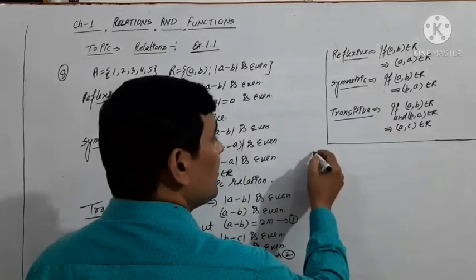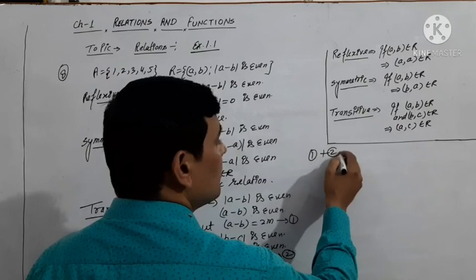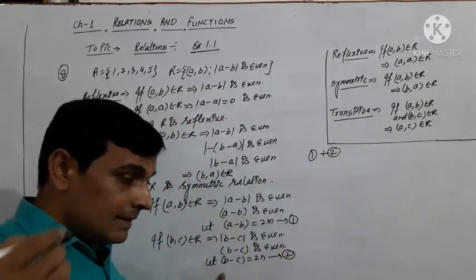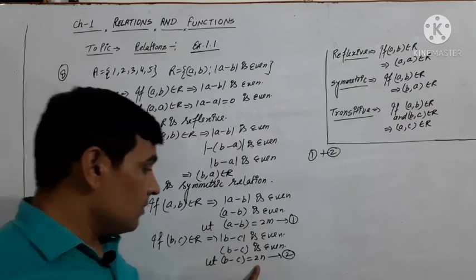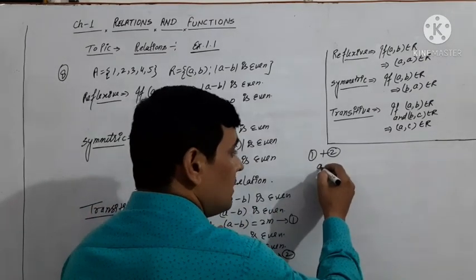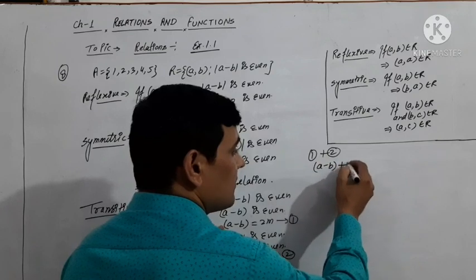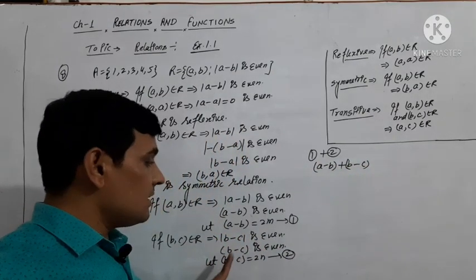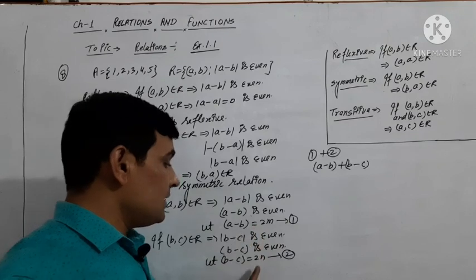Now we are adding equations 1 and 2. LHS will be added to LHS and RHS will be added to RHS. So a minus b plus b minus c equals 2m plus 2n.